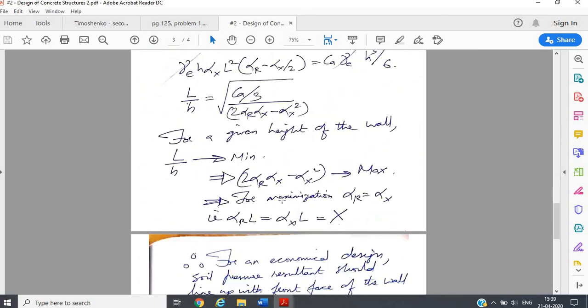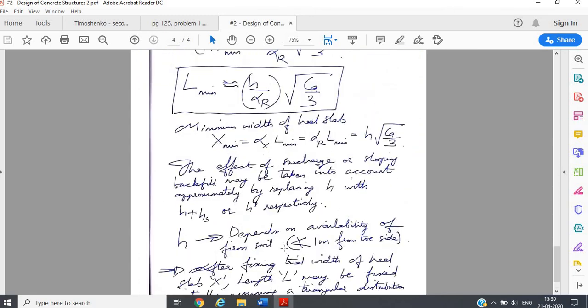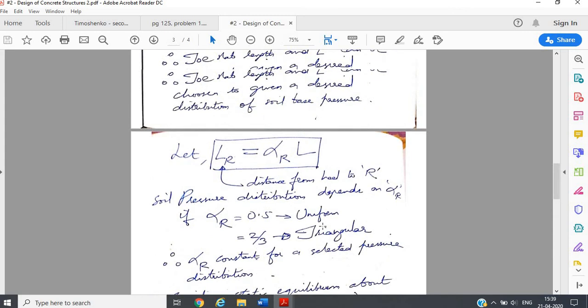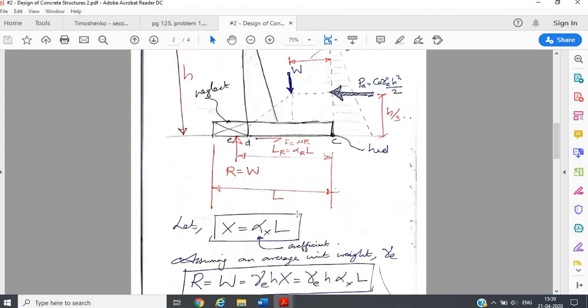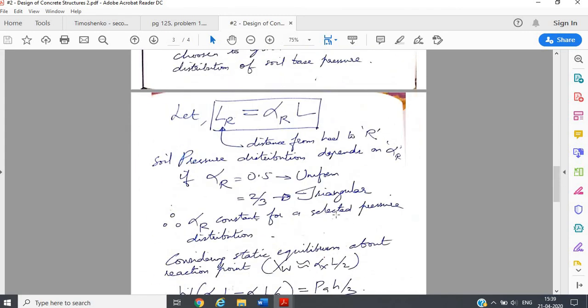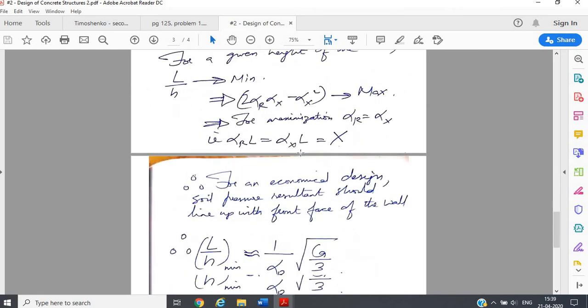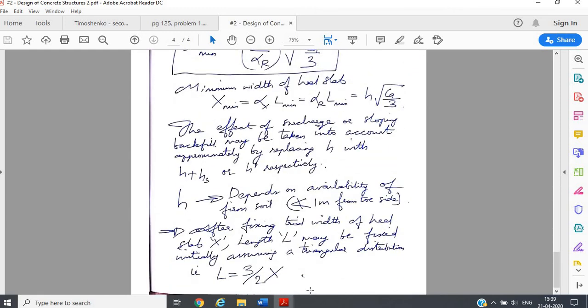So when we are doing trial and error, first we will assume a triangular distribution, which means we choose alpha R as 2 by 3. So when alpha R is 2 by 3, we will get that length is 3 by 2 x. Of course, that's the initial assumption. If it does not satisfy soil pressure requirements, we will revise it.